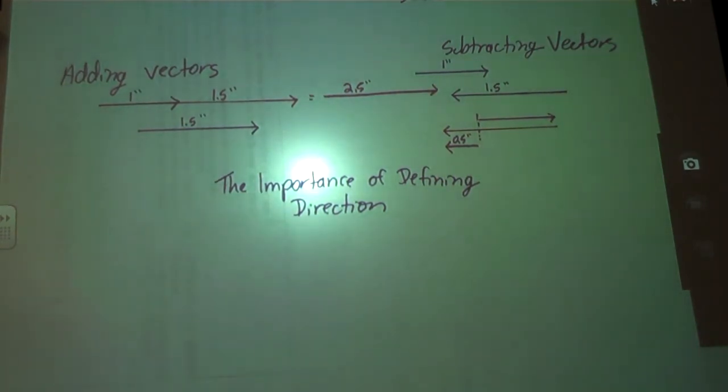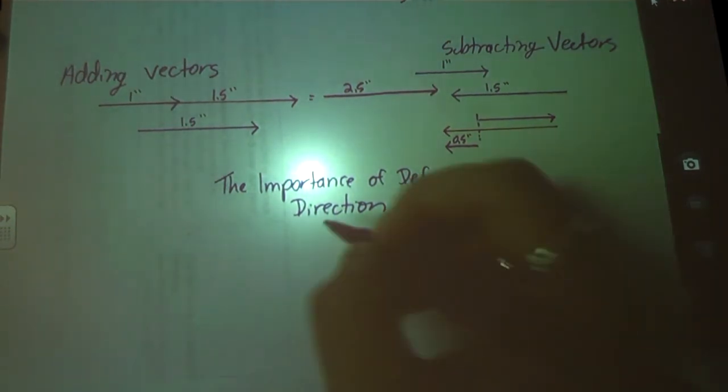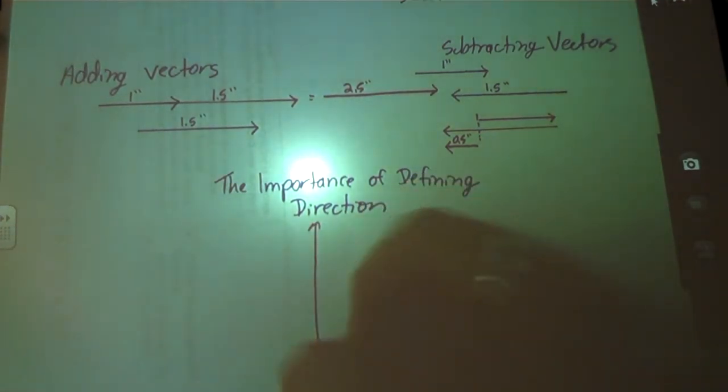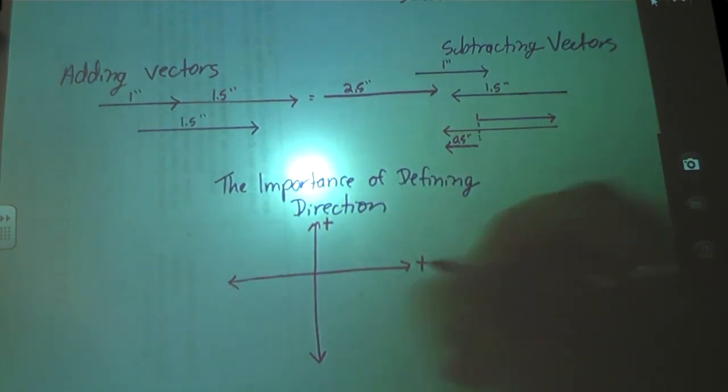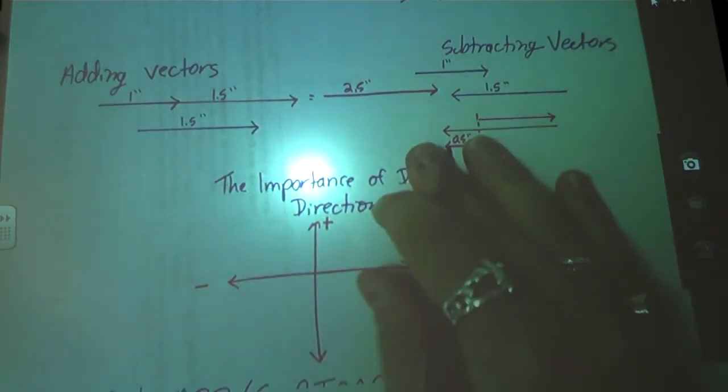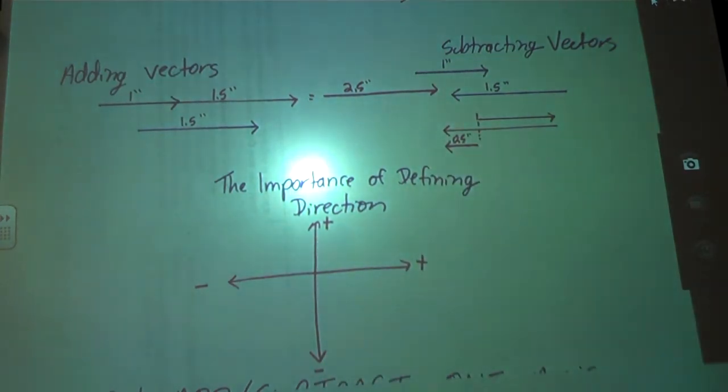So before you begin any problem, I highly recommend that over in the corner somewhere, you put some kind of symbol to indicate what you are defining as positive, negative, etc. By convention, it's exactly what you would expect. Up is positive, to the right is positive, to the left is negative, and down is negative. Again, these are conventions.